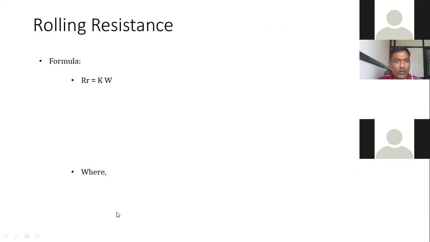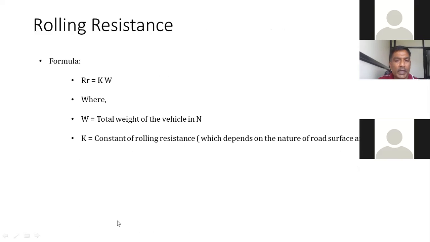The formula to calculate rolling resistance is RR equals K W, where W is the total weight of the vehicle in Newton, and K is the constant of rolling resistance, which depends upon the nature of the road surface and type of tire. The value of K varies based on the road surface.